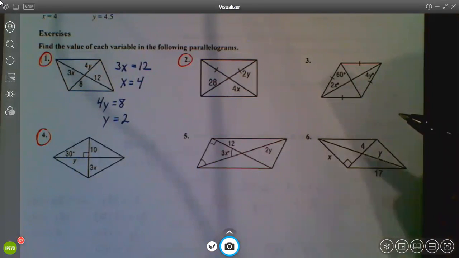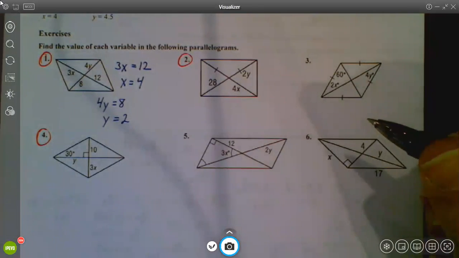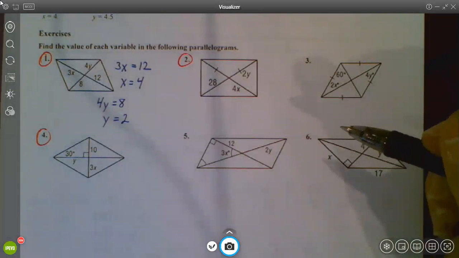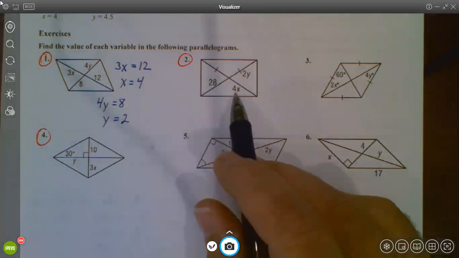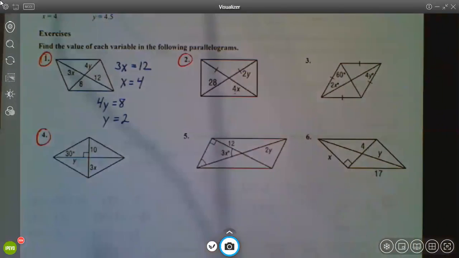Let me give you 2 twists on this problem that you can run into, because sometimes it's not as straightforward. Well, guys, as I look at this one, again, I know that 4x is equal to this, but we don't know what this is. We don't have anything for that. So I can't start with 4x.